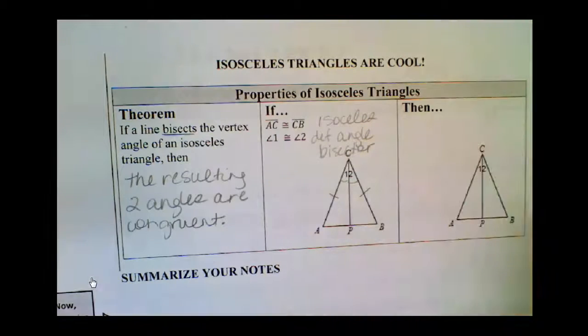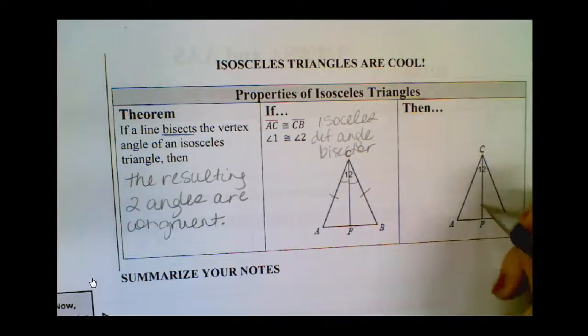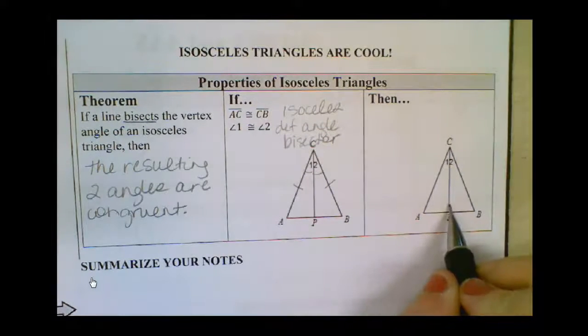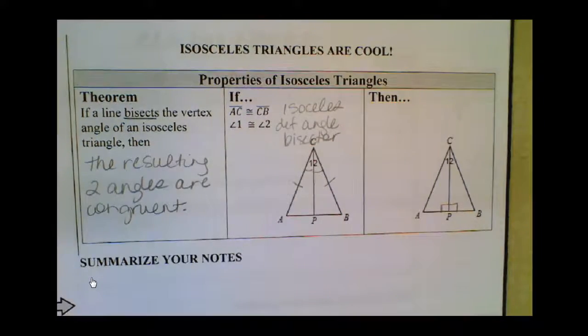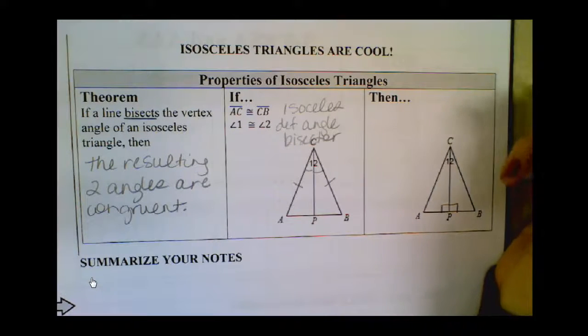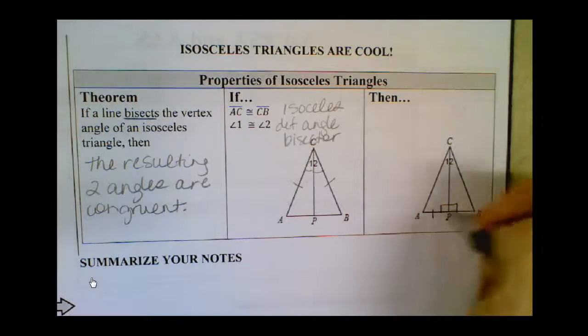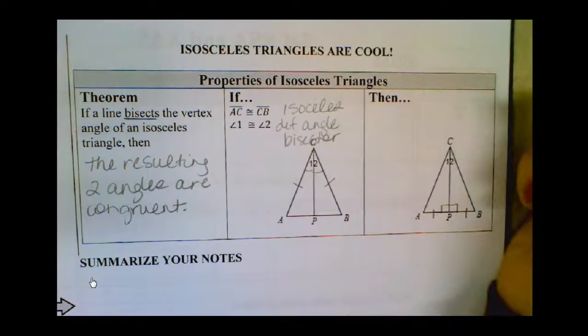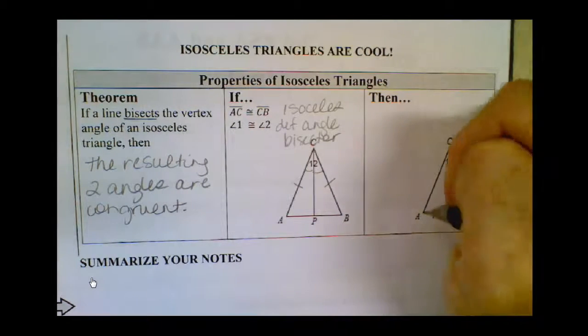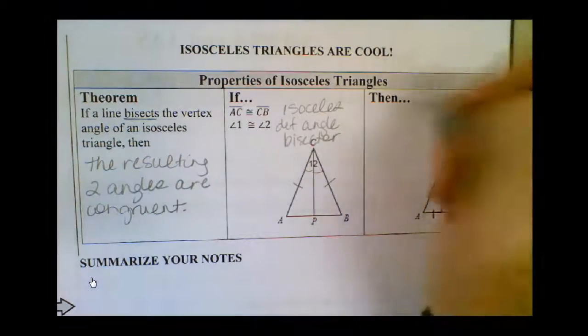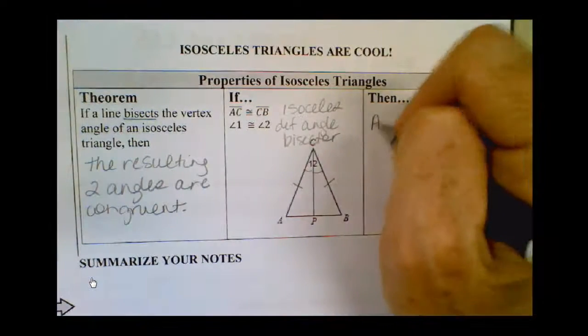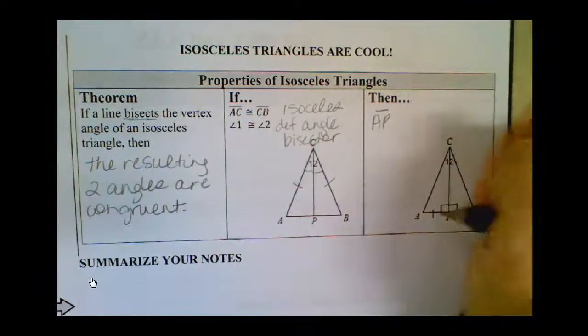Okay. The interesting thing that also happens is that line comes straight down. That's a vertical line. It actually creates two 90-degree angles. Okay. The other thing that you know is that these end up being congruent because the bisector also split this right in half.